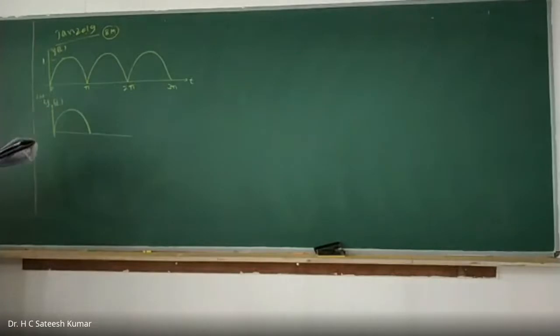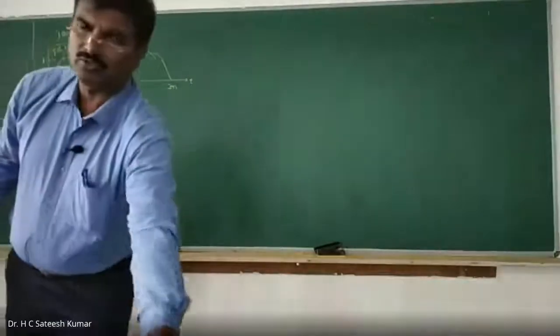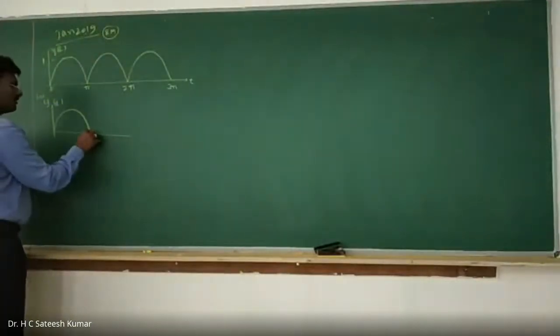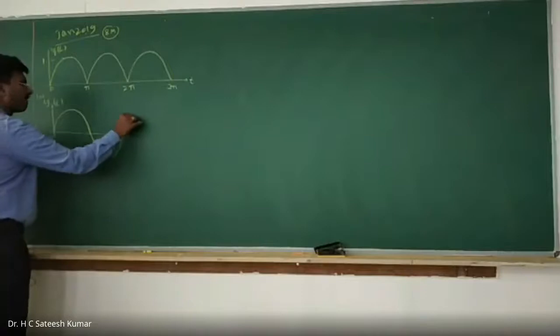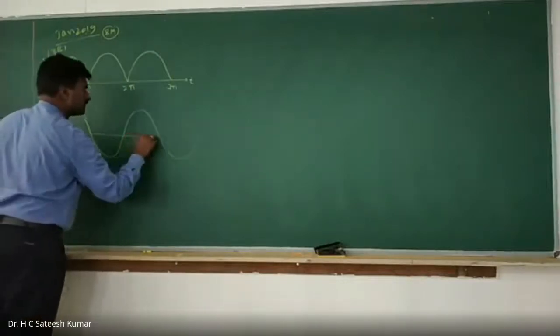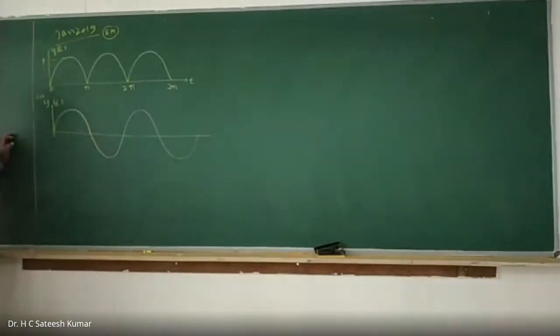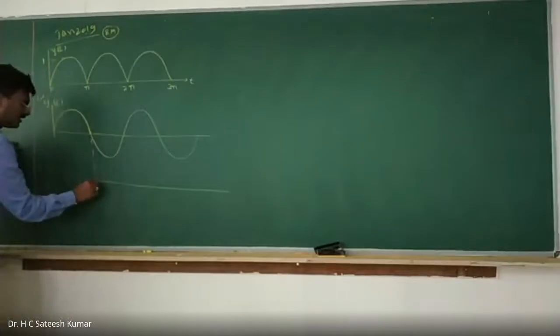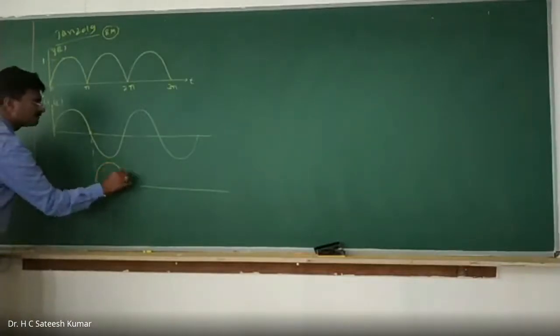So to get this one, what we should do is add two sinusoidal signals. Now let us take y1 of t like this. This is a sin omega t. And if you want only this part, and this part is repeated, later on we shall see that one. Now what I'll do is add this kind of signal, and this kind of signal is something like this.